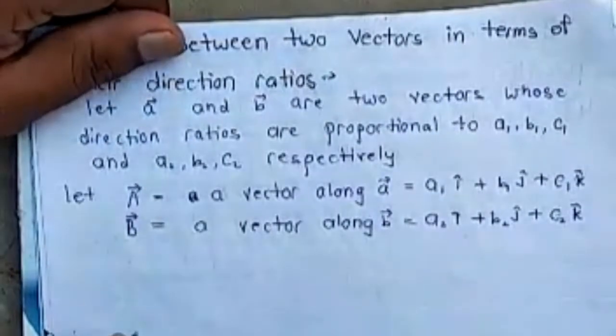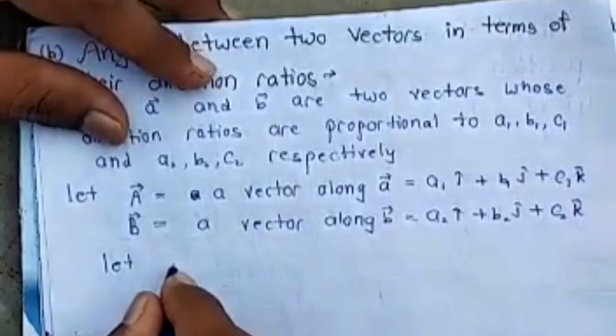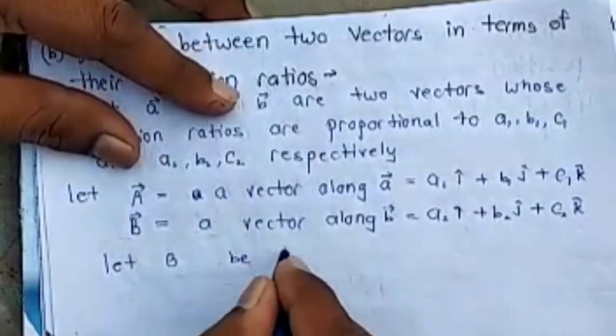And the angle between A vector and B vector, let theta be the angle between A vector and B vector.